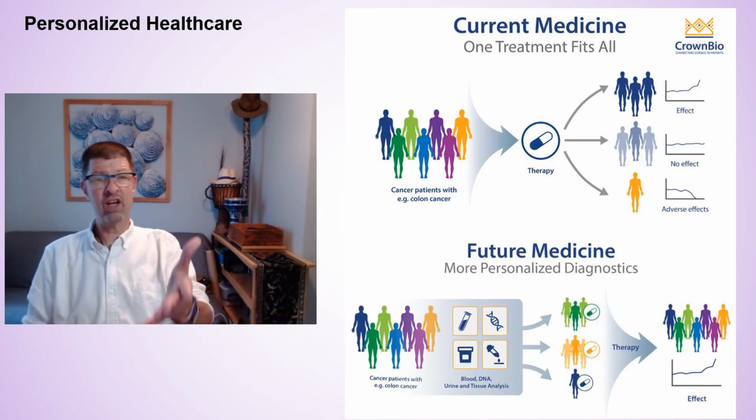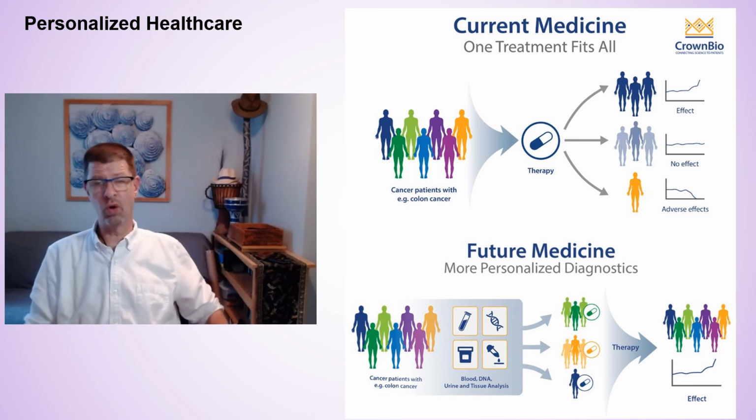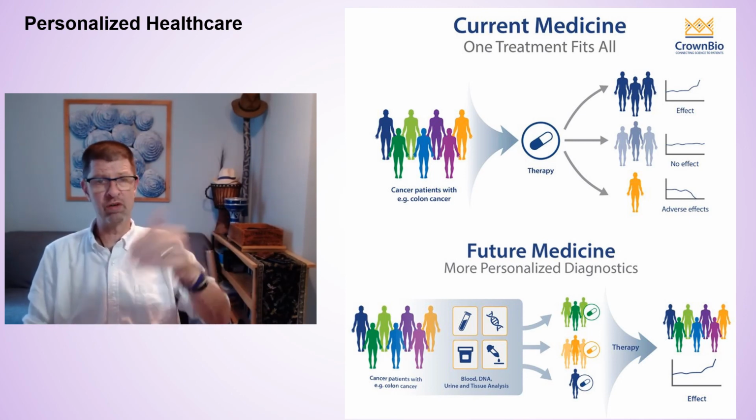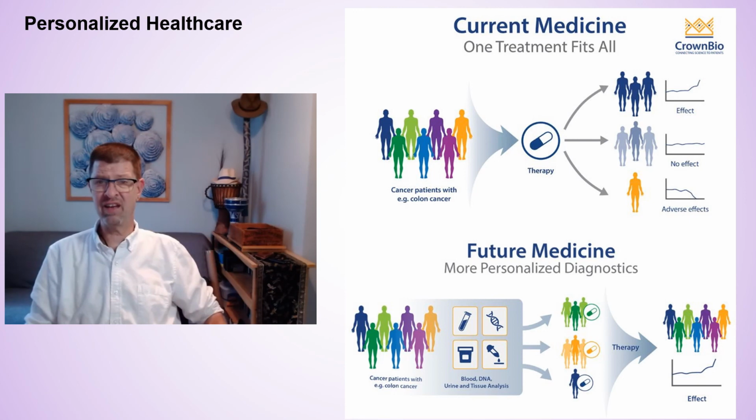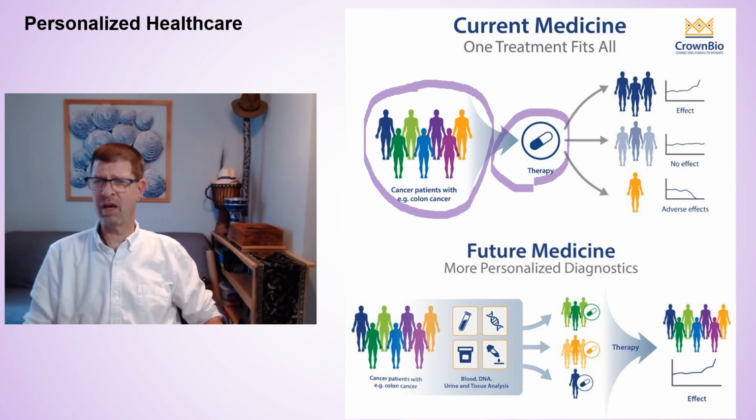Okay, the second thing on my list of goals for biotechnology was personalized healthcare. And today, all these people go to the doctor and they get a prescription. And sometimes that prescription works, sometimes it doesn't work, and sometimes it has terrible effects. There's diversity in that.